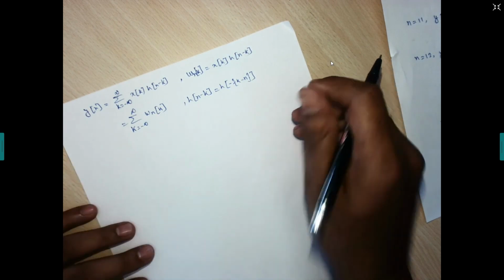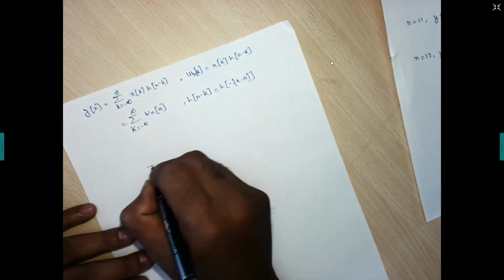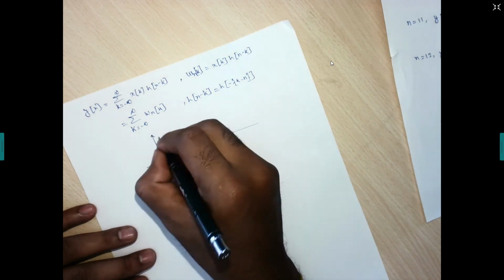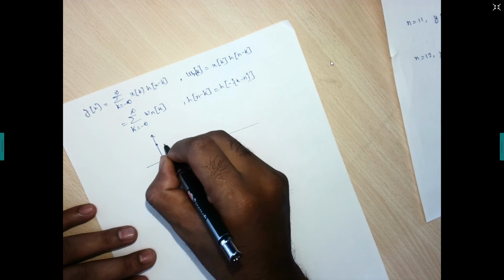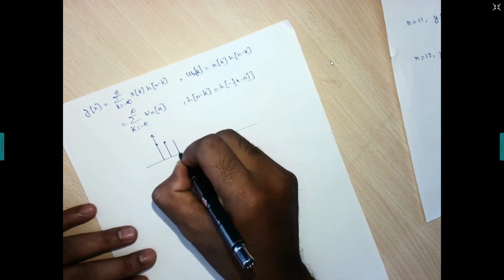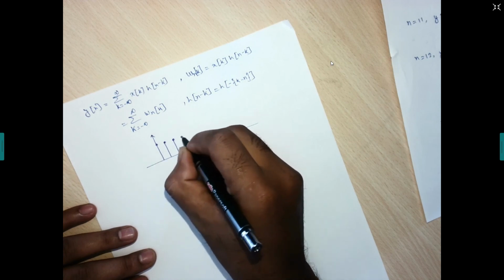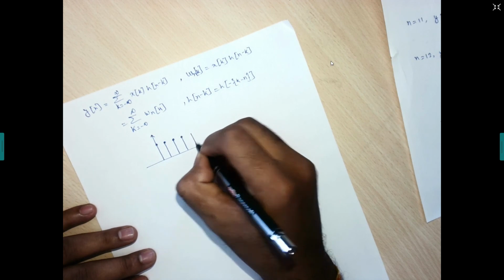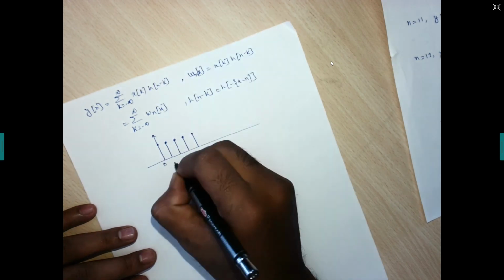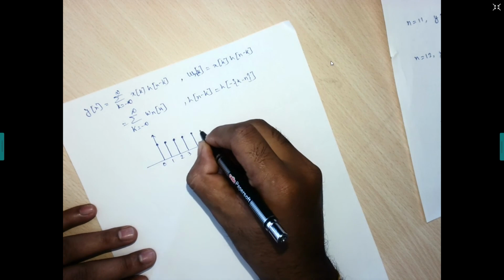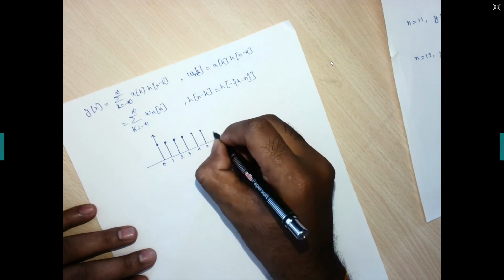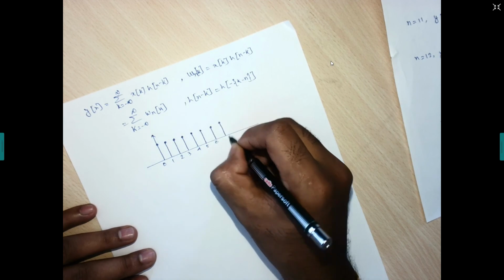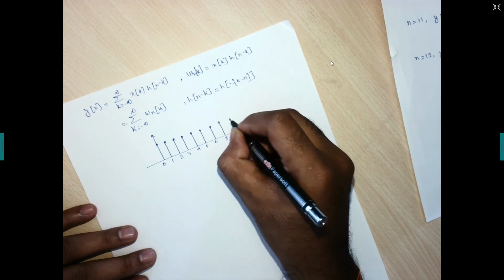Okay. So let us draw this x of k first. All the samples are having amplitude 1, in total up to 9 samples. Sorry, in total up to 10. We go up to 9. 1, 2, 3, 4, 5, 6, 7, 8 and 9.